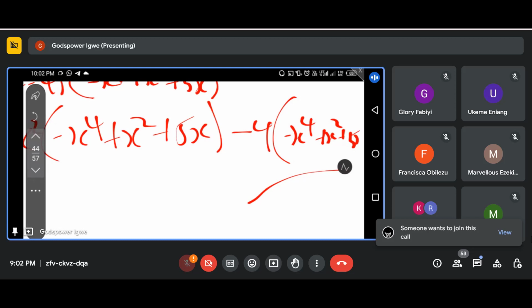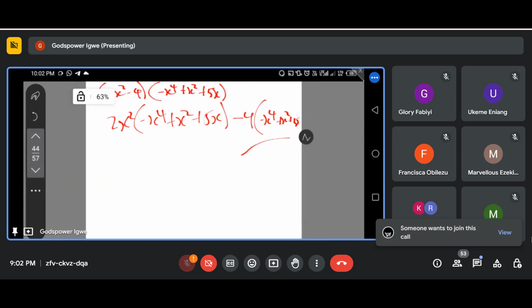Just know that this is 5x, since my writing can't do that. So 2x squared multiplied by x raised to power 4 is going to be 2x what? 6. 2 times 4 is going to be 8. Then plus 2x squared multiplied by x squared is going to be what?